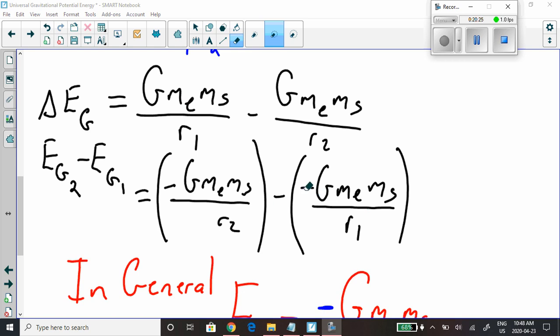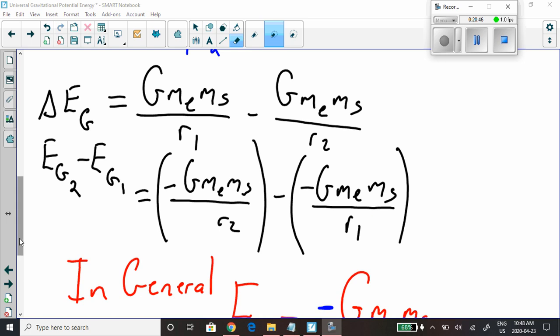Negative times negative gives me the positive I had originally. This had a negative sign in front of it originally. It stays. Now it's in the classic EG2 minus EG1, EG final minus EG initial. Look, second situation R2 minus first situation R1.